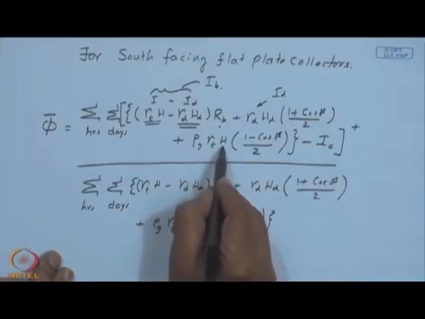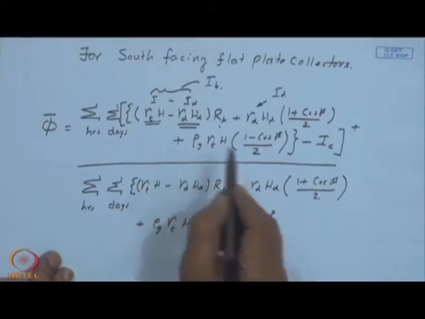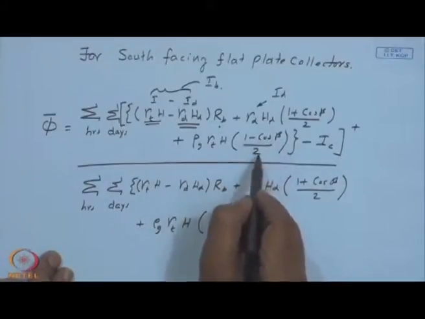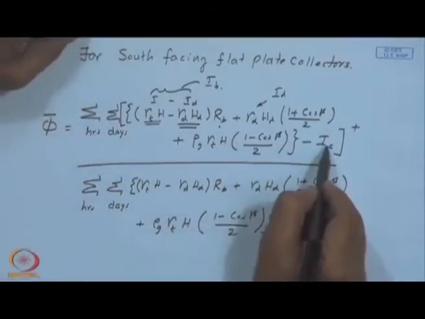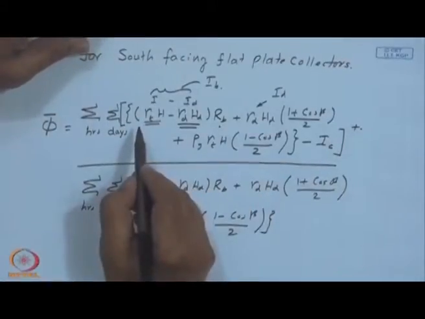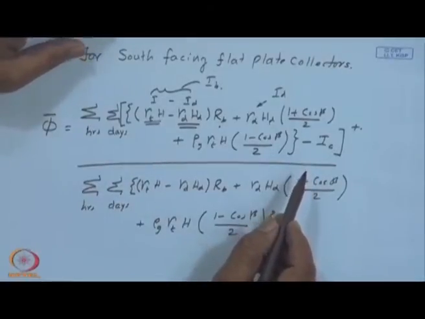R t into h is I multiplied by rho, the ground reflectance, will give me the ground reflected component multiplied by the corresponding view factor 1 minus cos beta by 2, minus I c. Superscript plus indicates only the positive part is to be taken. Whenever this quantity is negative, it shall be reckoned as 0.